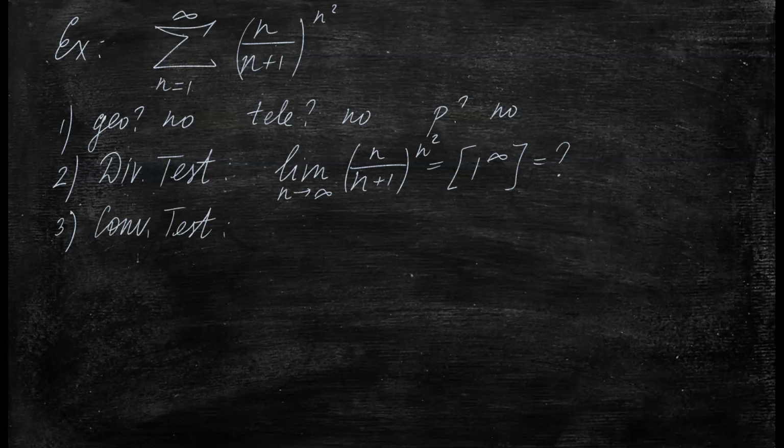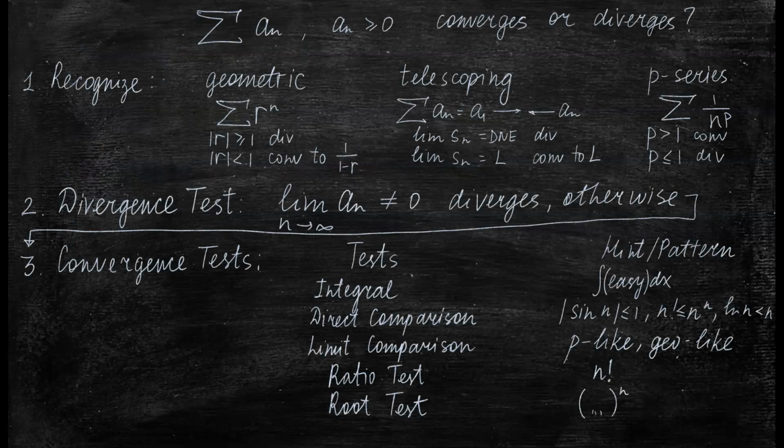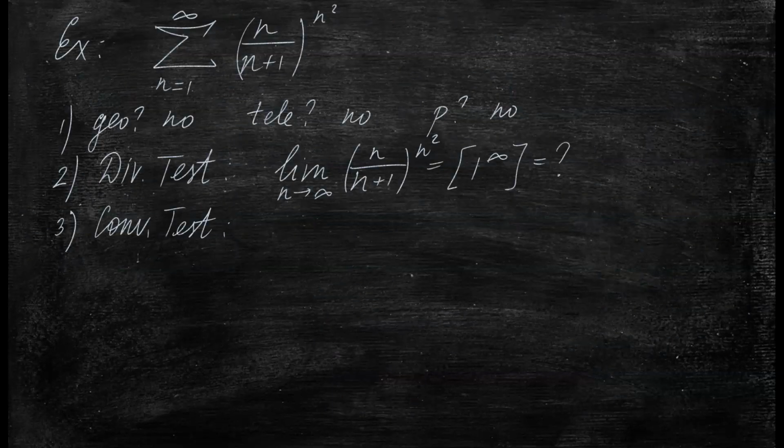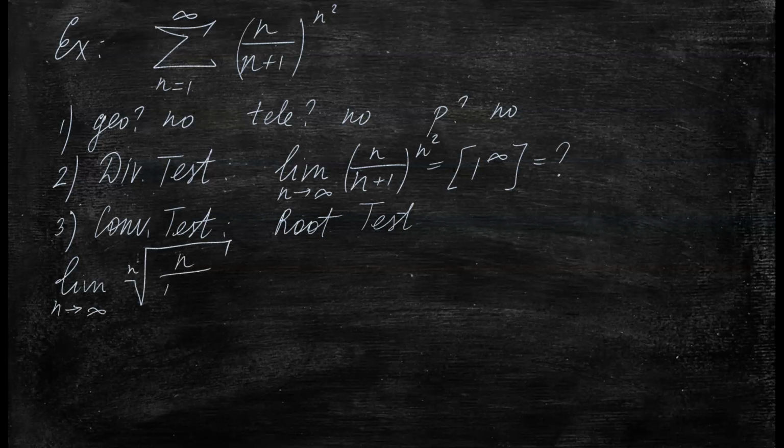Let's go back to our plan over here, and it does look like we can try the root test. So in the root test, we set up the limit of the nth root of the absolute value of the nth term, but since everything is positive, I'm not going to write the absolute value.